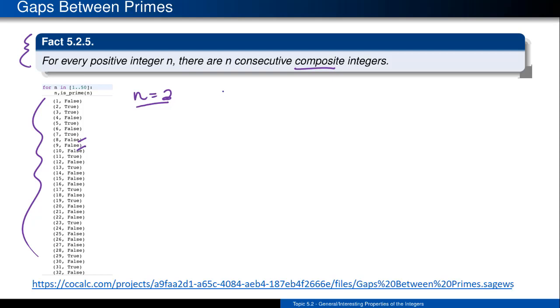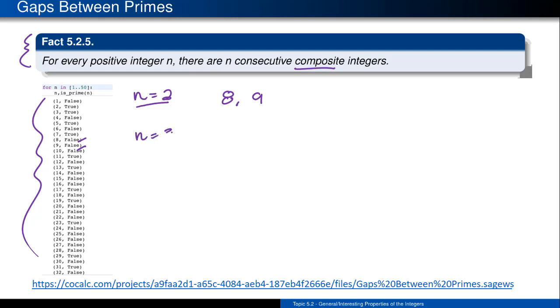So I know that the numbers 8 and 9 are consecutive because they're right after each other, and they both have the property of being not prime. I know that 2 divides 8, and I know that 3 divides 9, so these are not prime. I could ratchet this up one step higher.